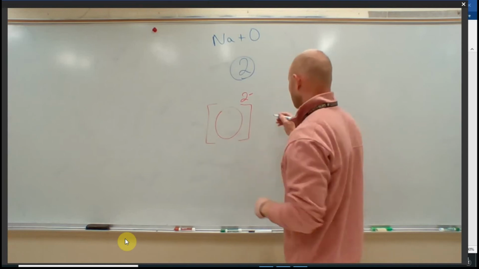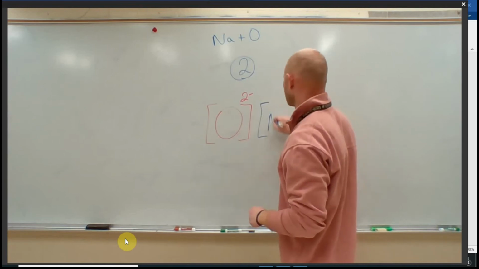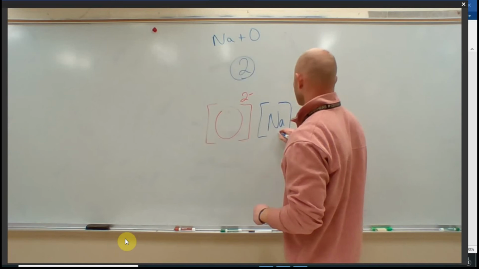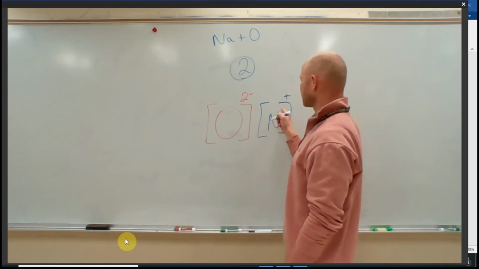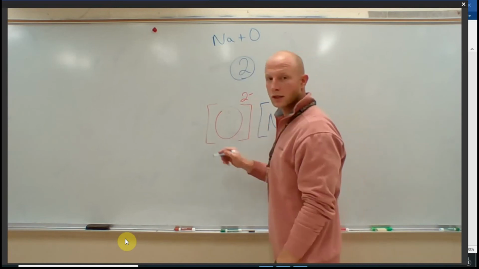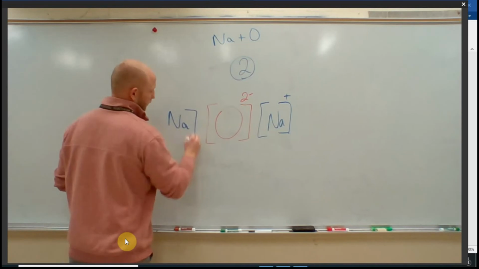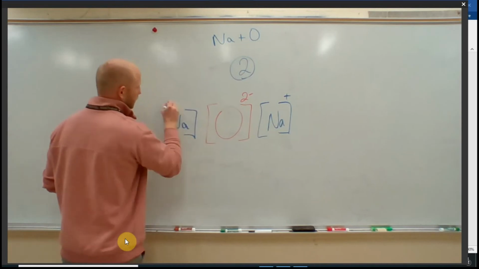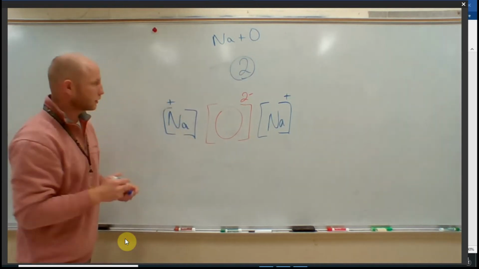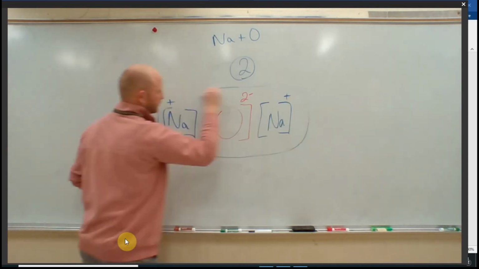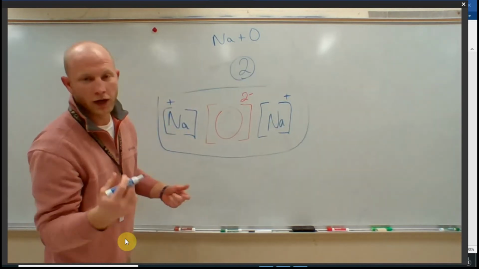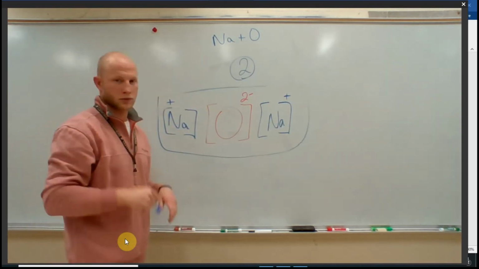Sodium is positively charged. Remember, he gave his electron to oxygen, and then this sodium over here is in brackets and he's positively charged. And this right here is going to be your final answer. This is going to be that finalized answer.